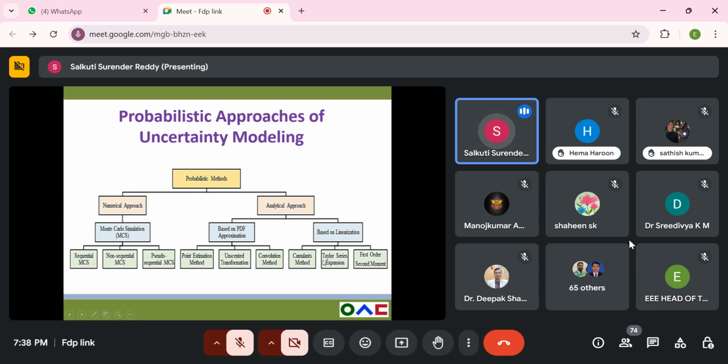We use algorithms like the point estimate, convolution method, or cumulants method. These techniques are based on approximation or linearization, and then we get the result. It's an approximation and linearization, but still we get a result as close as we get from Monte Carlo simulation.